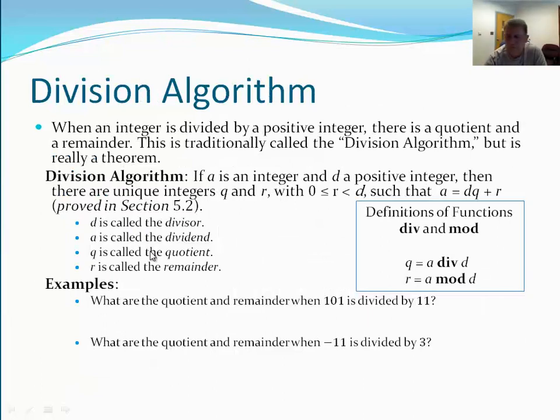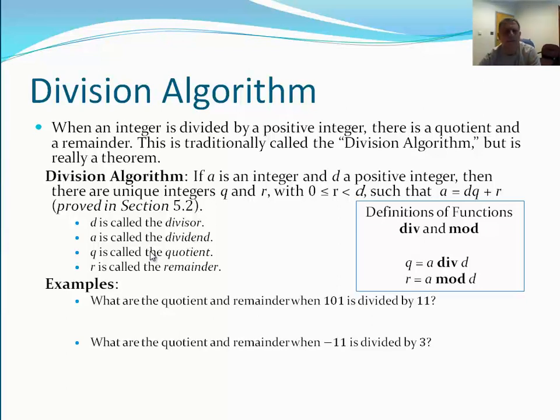Division algorithm. What is the division algorithm? When an integer is divided by a positive integer, there is a quotient. 9 divided by 5: how many 5s are in 9? Just 1. That 1 is called the quotient.